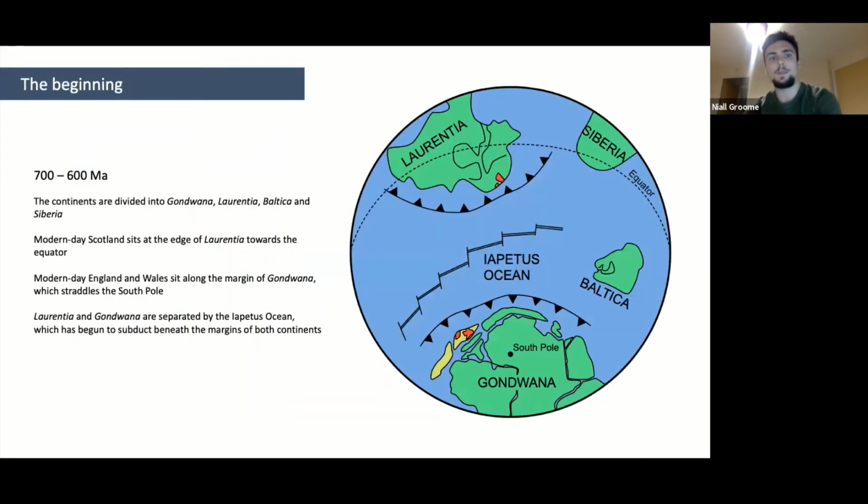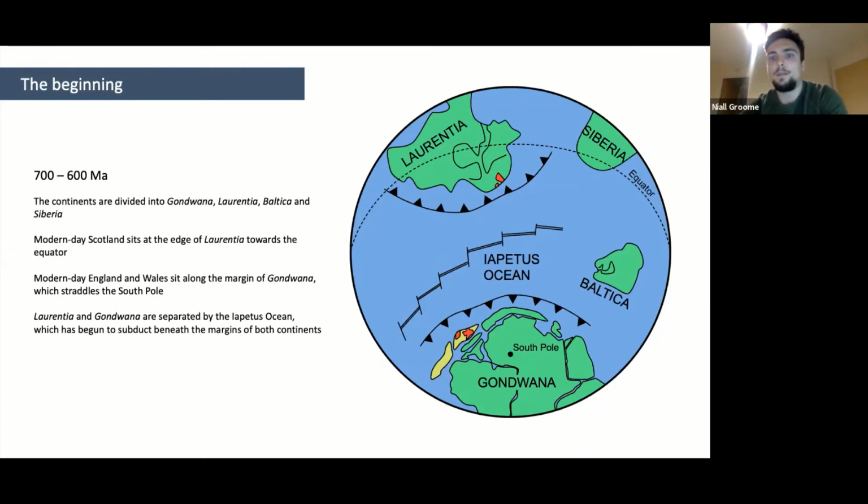So the beginnings of the story, we start about 600 or 700 million years ago to set the scene. Earth is split into essentially four main continental land masses.